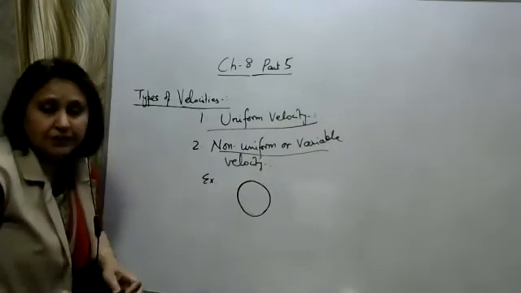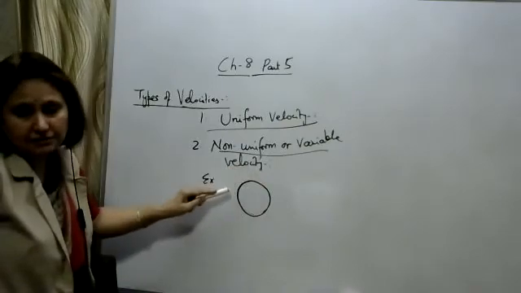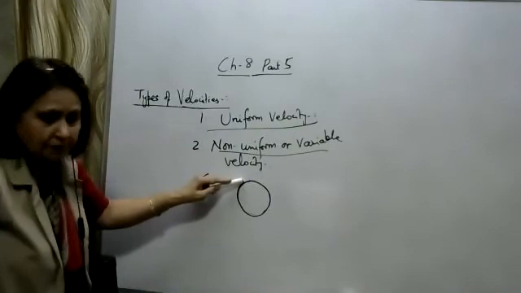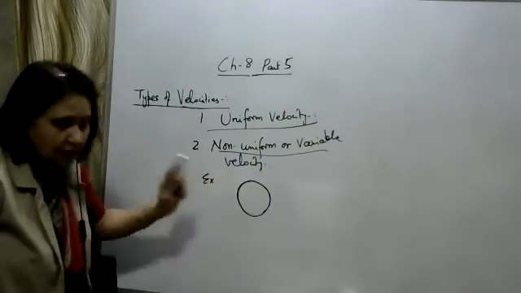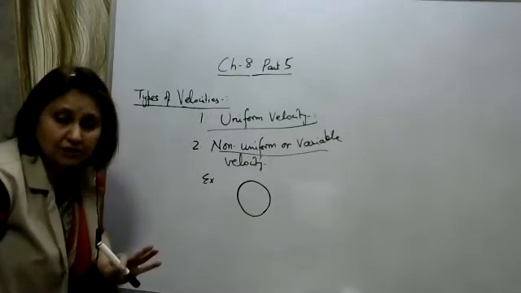So here the speed is constant. Suppose it's moving with 10 meters per second. Here also its speed is 10 meters per second, at this point also, at every point the speed is 10 meters per second. So the speed is constant.